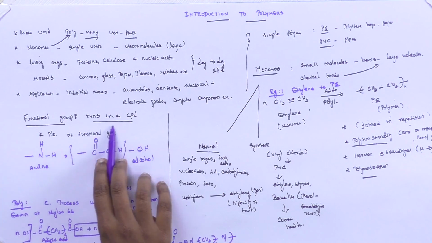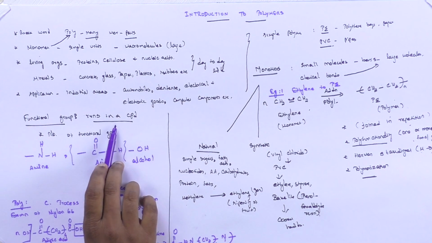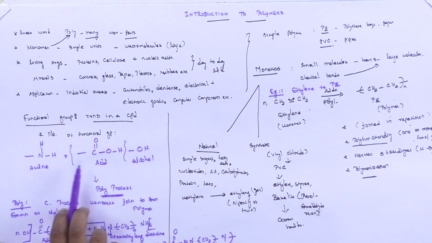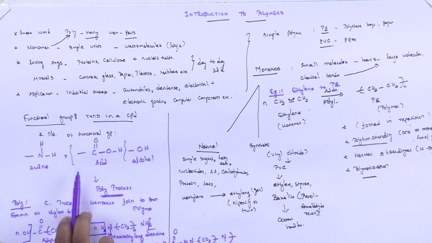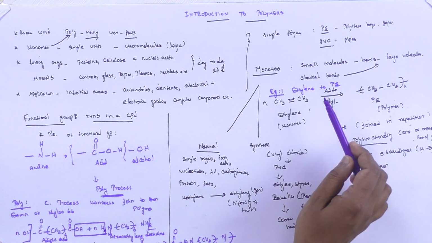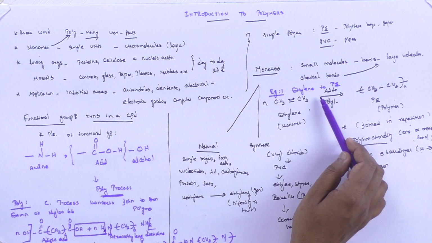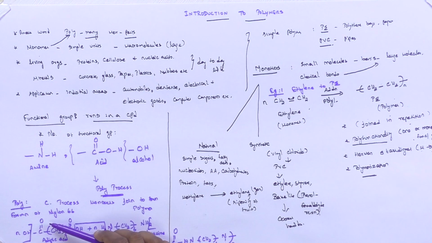They are the main groups that are responsible for reactions in a compound, and some functional groups we saw here. I gave you only 3 examples, and these functional groups are responsible for the process of polymerization. And polymerization is the process where monomers join to form a polymer, and we saw 2 examples: conversion of ethylene to polyethylene and formation of nylon 6,6.